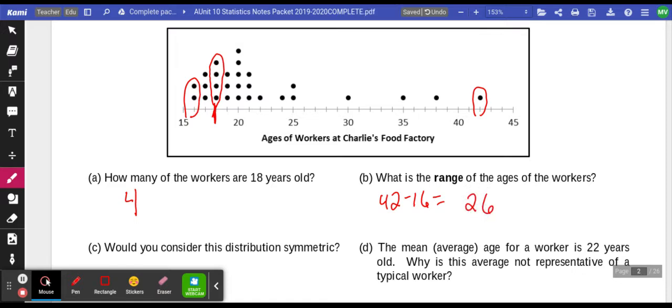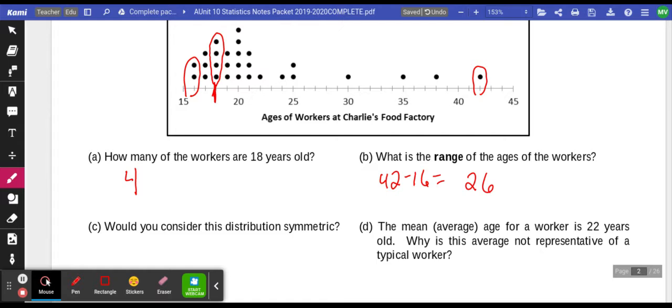How would you consider this symmetric? So if we look at it, does it appear as though it's evenly split? And I would say no. The mean, the average age for the worker is 22 years old. Why is the average not representative of the typical worker?